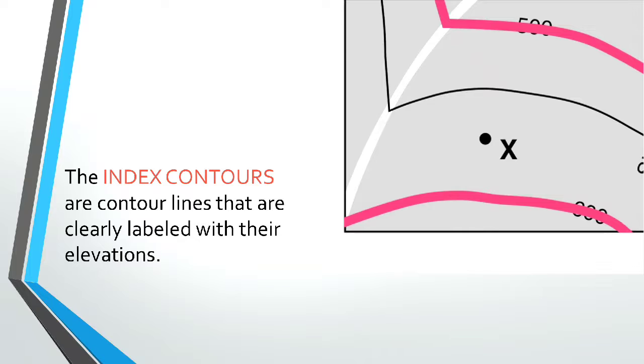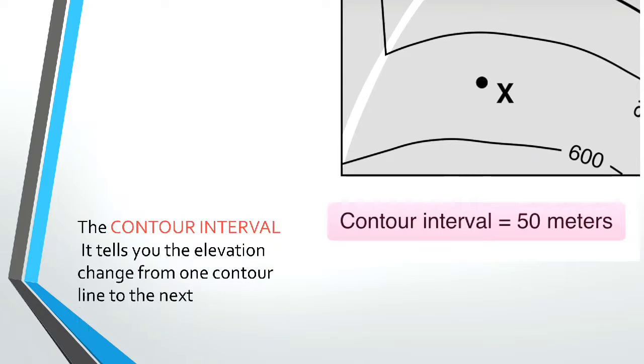Either way, oftentimes you will be given a contour interval. It tells you the elevation change from one contour line to the next, and whether it is increasing or decreasing. This map is labeled with an interval of 50 meters, which means that going from one contour line to the next changes the elevation by 50 meters.